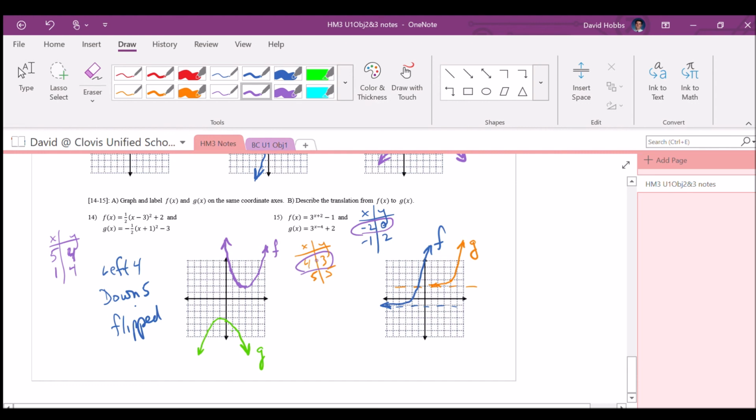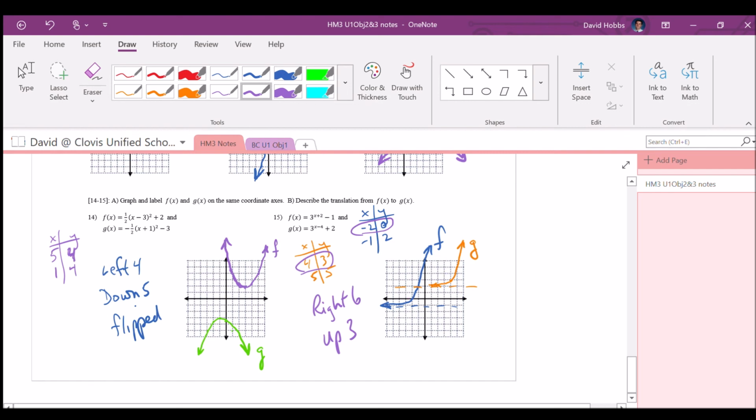So from -2 to 4 is right 6. And from 0 to 3 is up 3. So just double check, does that make sense? From F to G, right 6 and up 3. Yep, that looks like it makes sense.